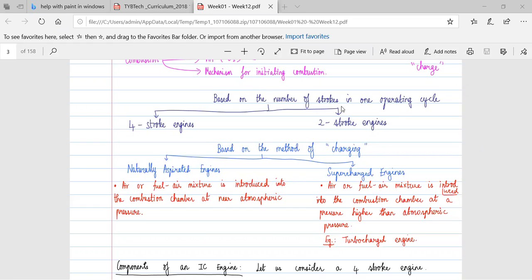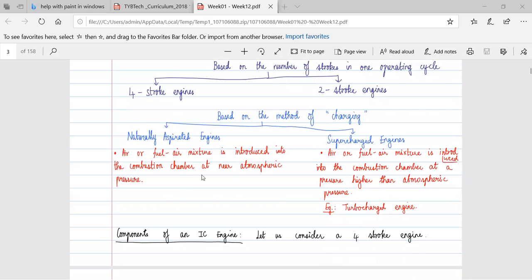So depending upon the strokes, we have 4-stroke engines and 2-stroke engines. The crankshaft needs a total rotation of 360 degrees. This 360-degree rotation is achieved with 2 strokes in a 2-stroke engine, and here we achieve it with 4 strokes. We'll see the video after these 2 points.